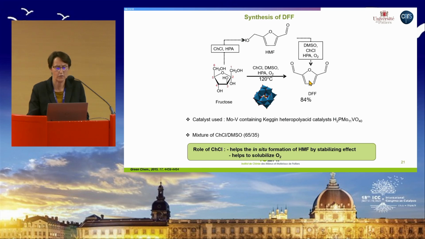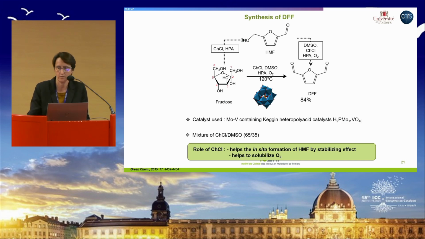If we look at this reaction, we did an acid step here, and after an oxidative catalyst. We decided on a very well-known catalyst, molybdenum vanadium containing Keggin heteropolyacid catalysts, that were used during this reaction. In the literature, at this moment, the main solvent used for this reaction was dimethyl sulfoxide.